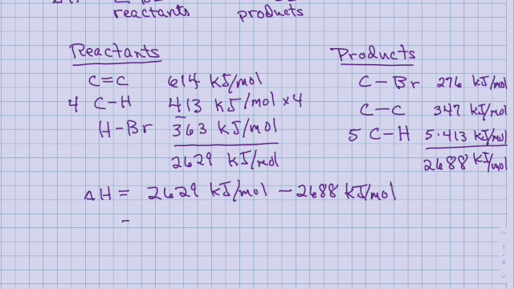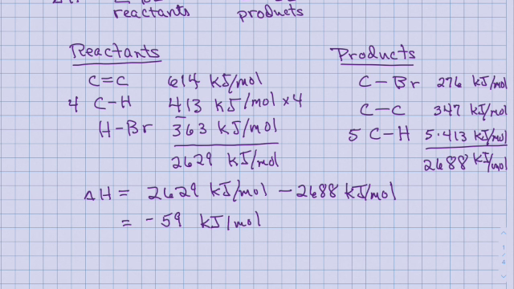And that's going to give us negative 59 kilojoules per mole. So that's it. For this one, we get delta H as being exothermic, negative 59 kilojoules per mole for our result.